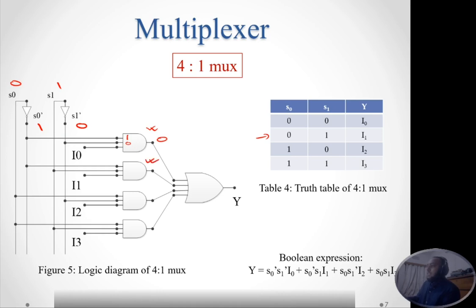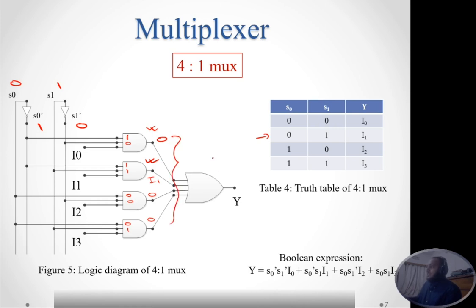For the second AND gate, we get the inputs as 1 1, so the output will depend on I1. For the third AND gate, we get the inputs as 0 0, so our output will always be 0. For the last AND gate, we get the inputs as 0 1, so our output will always be 0.